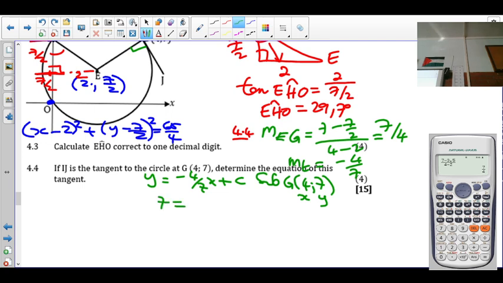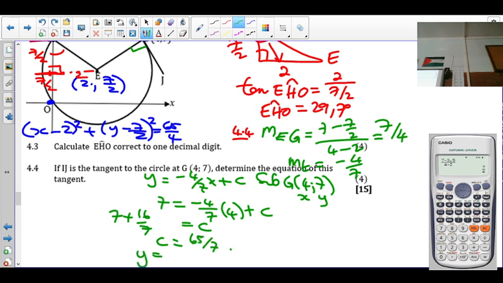So 7 is equal to negative 4 over 7 times 4 plus c. So 7 plus 16 over 7 is equal to c. So c works out to be 65 over 7. So y is equal to negative 4 over 7x plus 65 over 7.